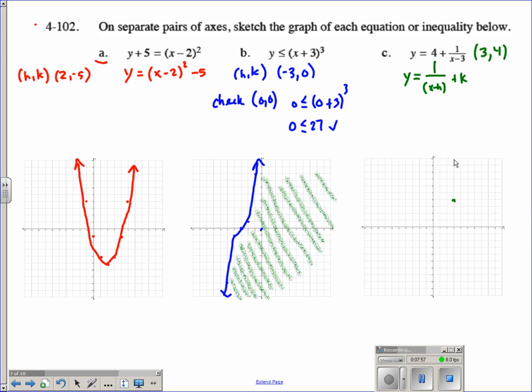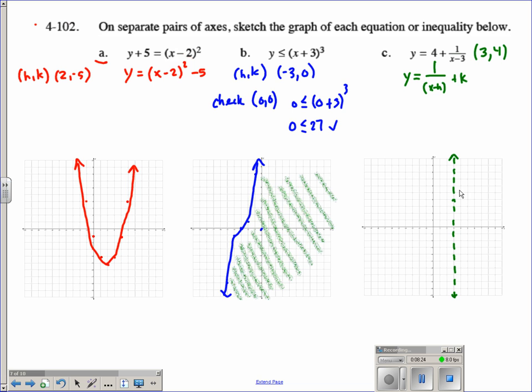And remember, they're dashed because our graph will never, ever reach those lines. So we have a vertical asymptote where x is equal to 3.